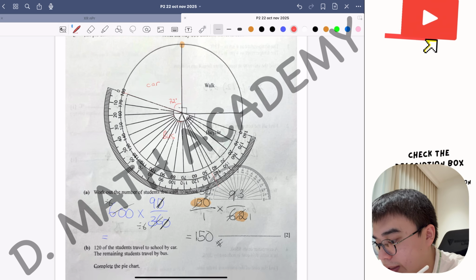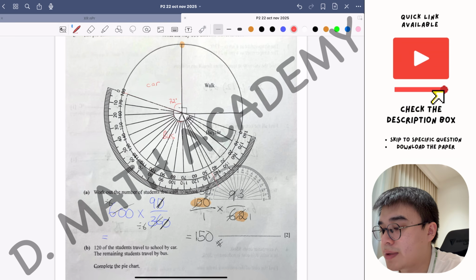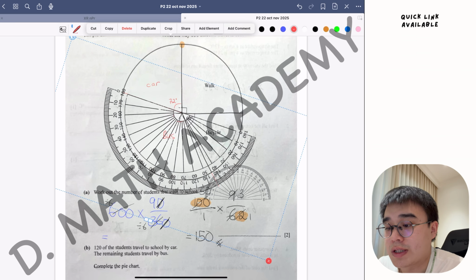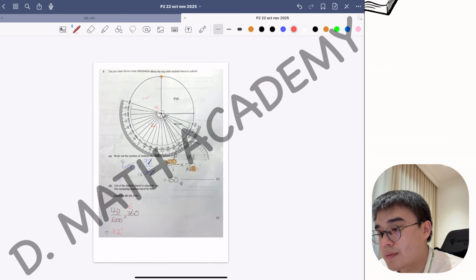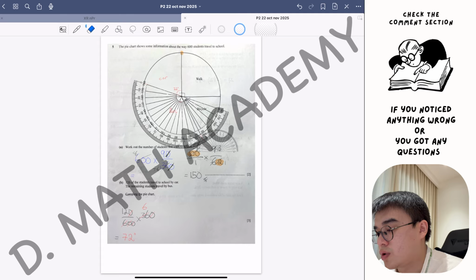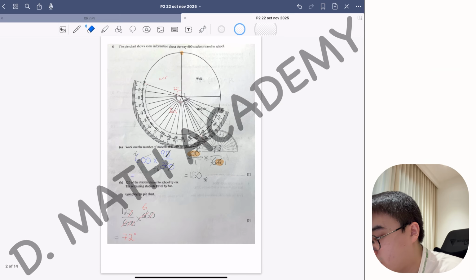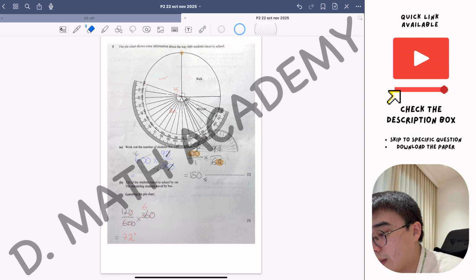Seems like around 137, plus minus, because this one is a scan copy. I don't expect it to be super accurate. All right, so that's it for that question, and we may now move on to the next one.